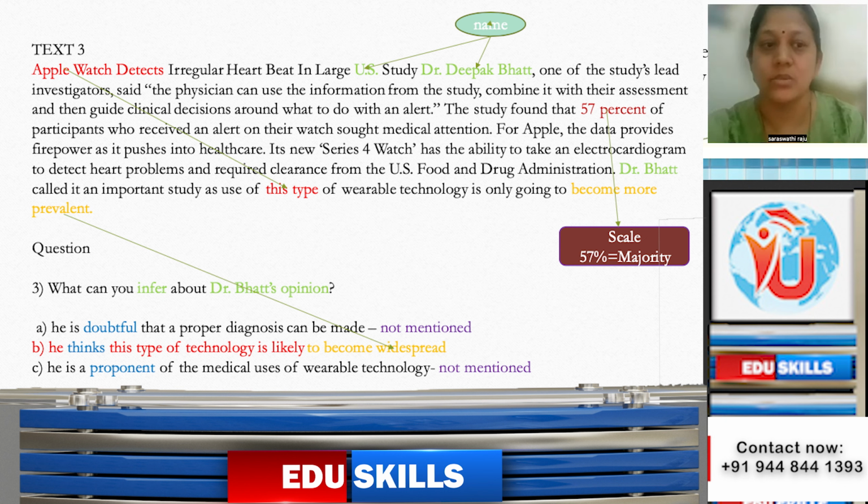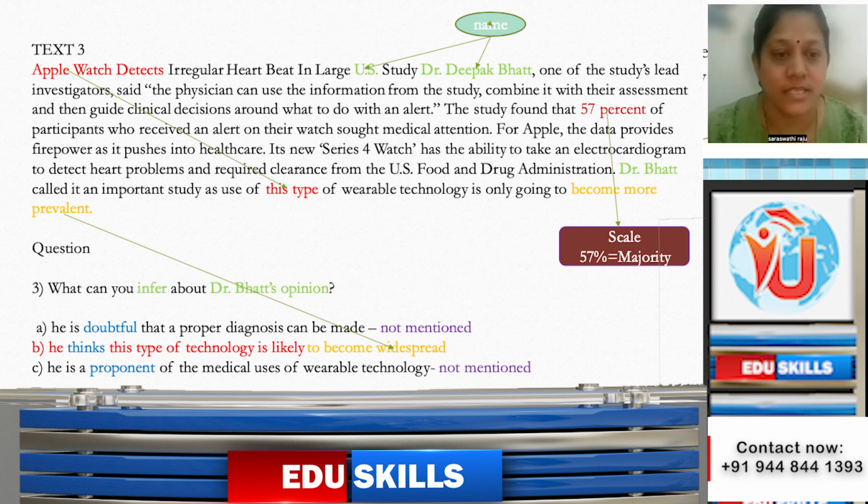But when he did the important study, he found out that only now is it going to become, hereafter only it's going to be widespread, this watch. So this is his opinion. This is the last line. Dr. Bhatt called it an important study as use of this type of wearable technology is only going to become more prevalent. We can check in the question.